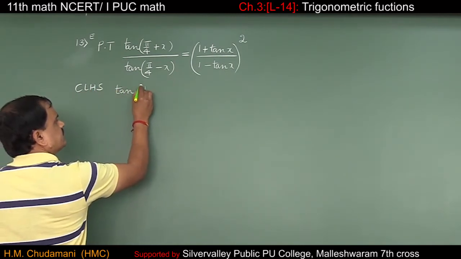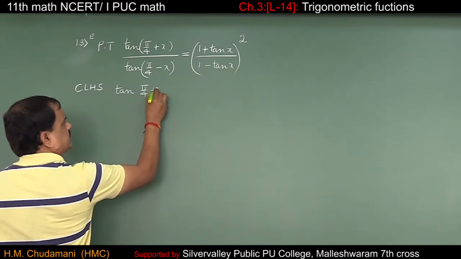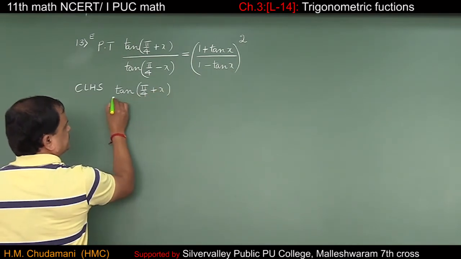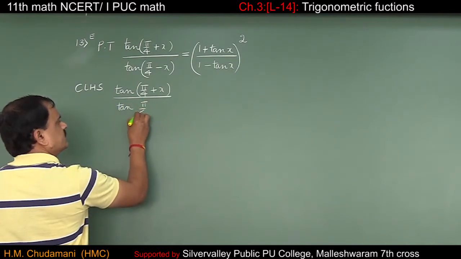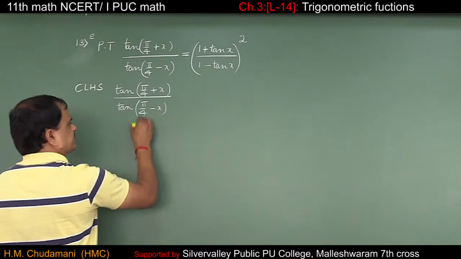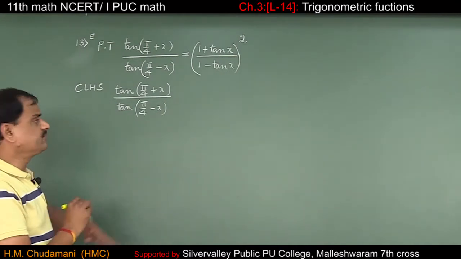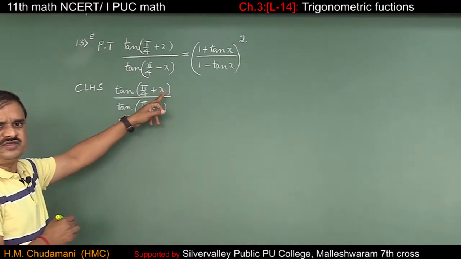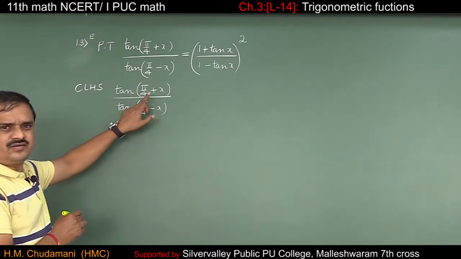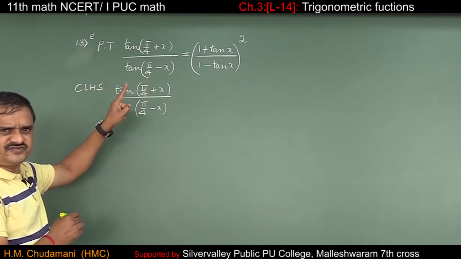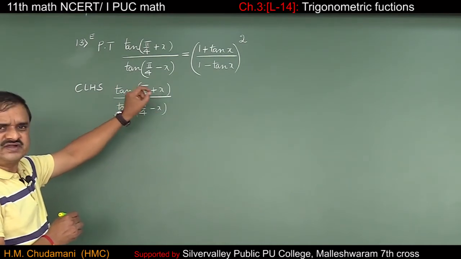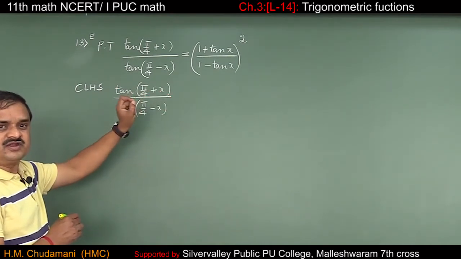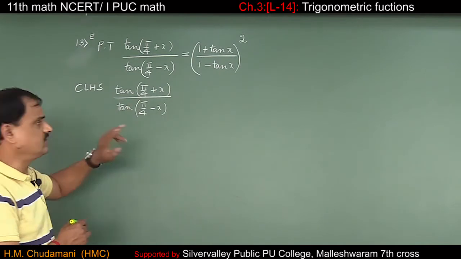Tan of (pi by 4 plus x) divided by tan of (pi by 4 minus x). So this is of the form tan of a plus b formula. Tan of a plus b means tan a plus tan b divided by 1 minus tan a into tan b.